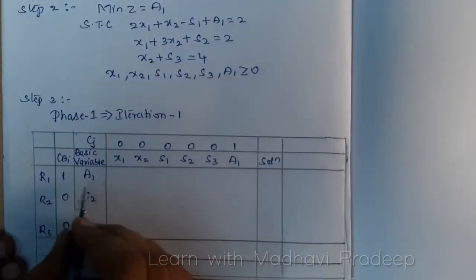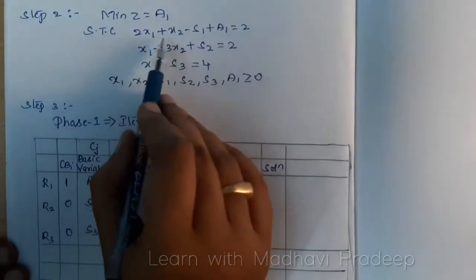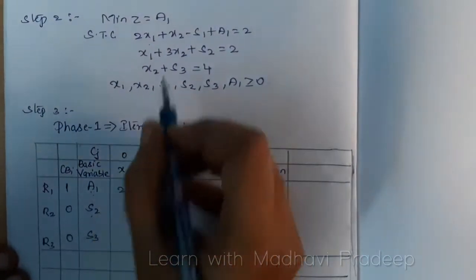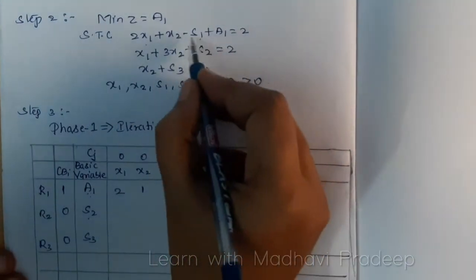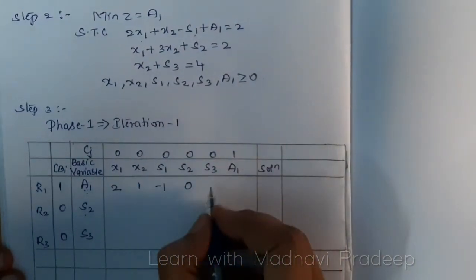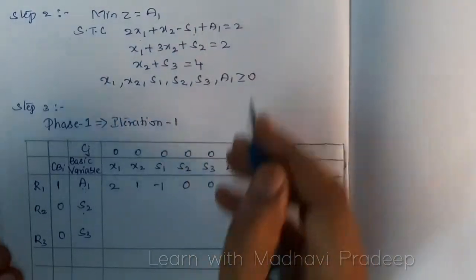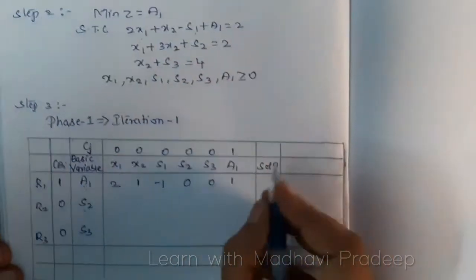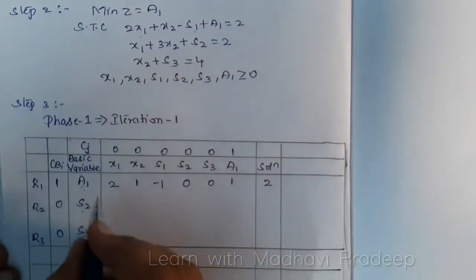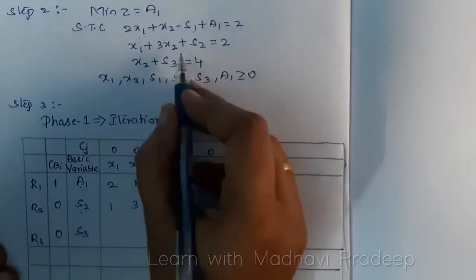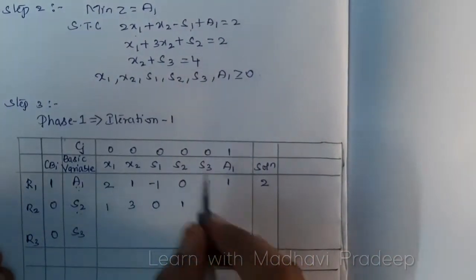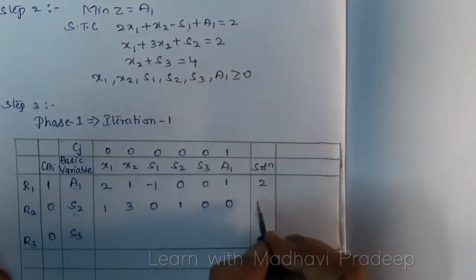So first for row 1, a1 is there in the first constraint, so write down the first constraint values. The x1 value is 2, x2 value is 1, s1 value is -1, s2 we don't have in the first constraint so it is 0, s3 we don't have so 0, a1 we have so write down 1, and the solution is 2. s2 is there in the second constraint, so write down the second constraint values. x1 is 1, x2 is 3, we don't have s1 so 0, we have s2 so 1, we don't have s3 so 0, a1 is not there so 0, and the solution is 2.